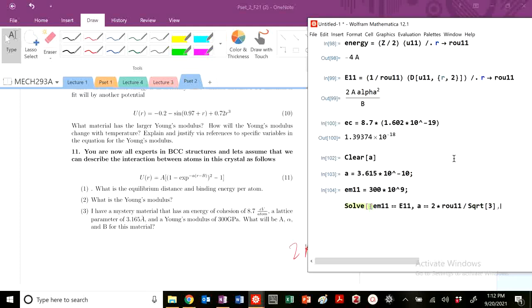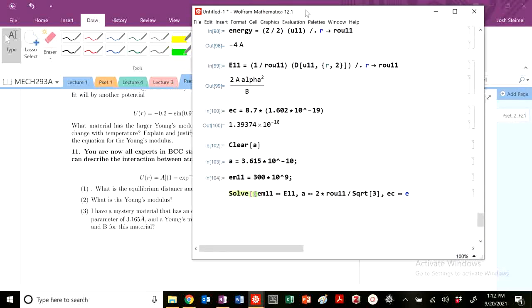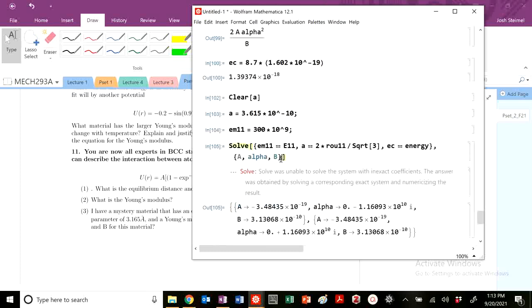And then I also want to solve that my EC is equal to my energy. So let's plug in the value of the energy. And what are we going to solve for? We're going to solve for A, alpha, and B, and let's look for the reals.